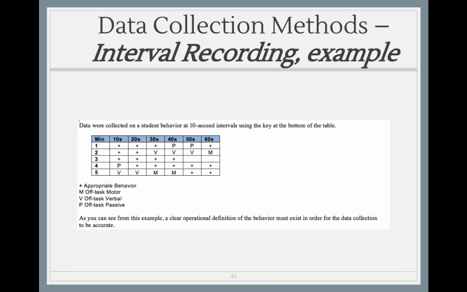V indicates that the student was off task verbally. That could be talking to a peer next to them or asking questions of the teacher that aren't appropriate to what the class is doing at the time. And if you see a P in the chart, that indicates that the student is off task passively.